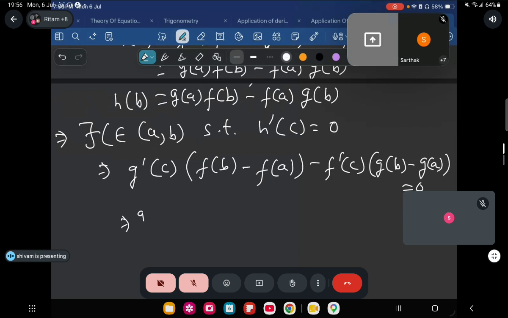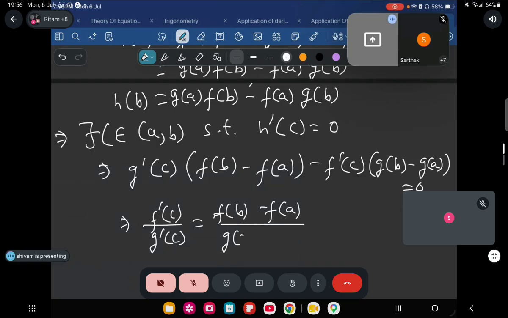Rest you can understand. This implies f dash c by g dash c is equal to f of B minus f of A upon g of B minus g of A. Is it clear to everyone? Tell me.